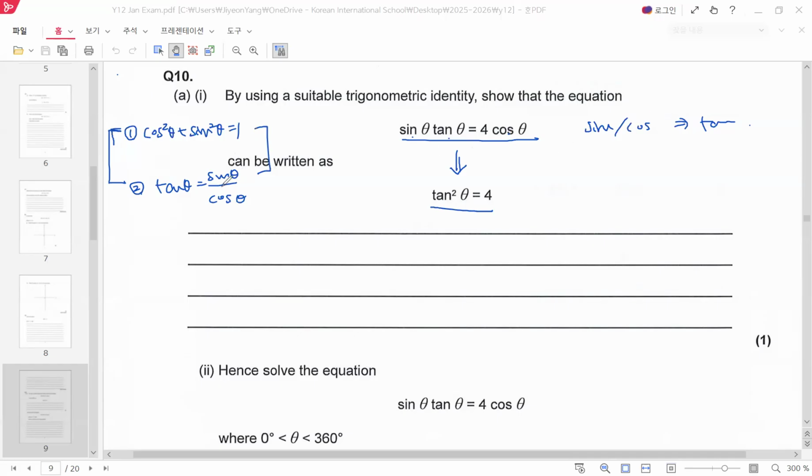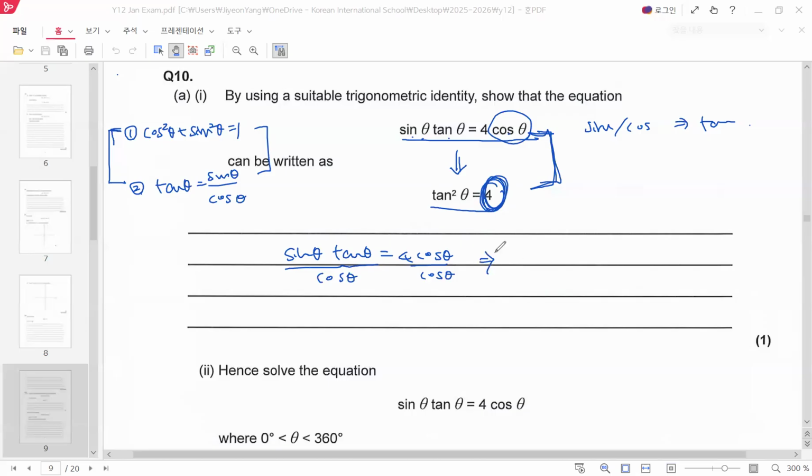And then we need to use the second one for this question, right? So firstly, please compare this. You need to move cosine theta to the left side because what is left on the right side here is only 4, right? So sine theta tangent theta equals 4 cosine theta, divided by cosine theta.